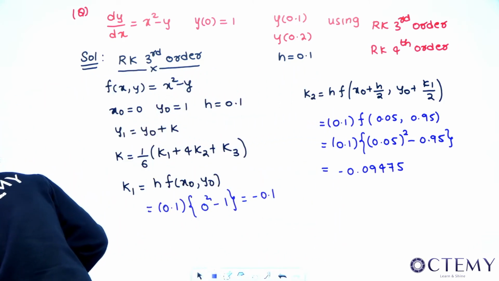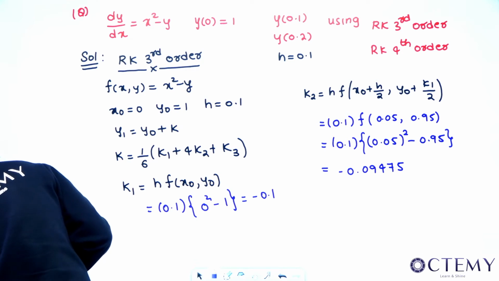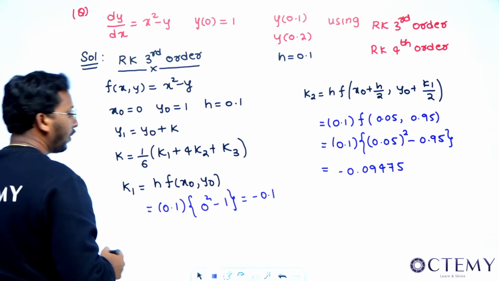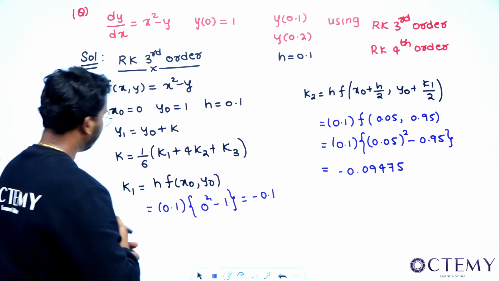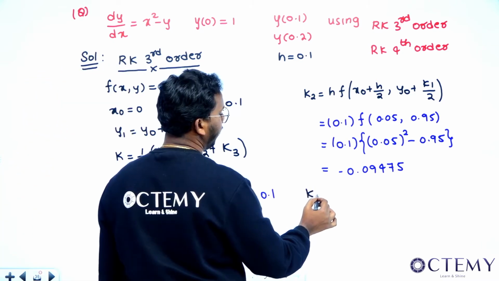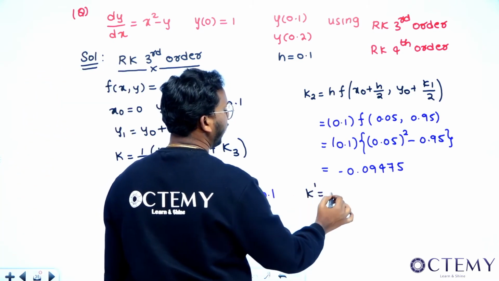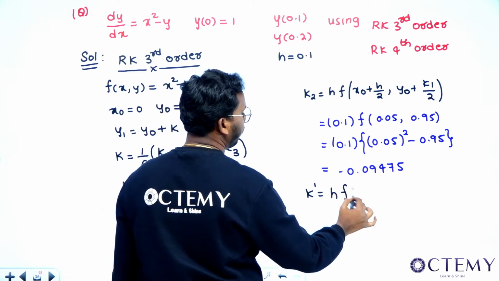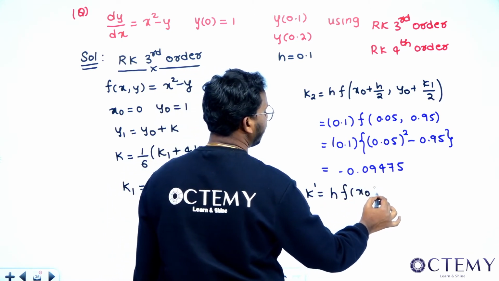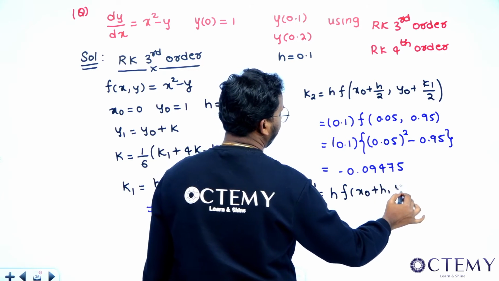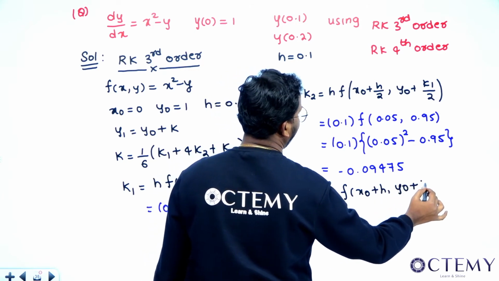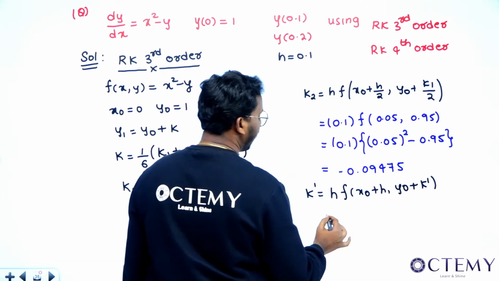Next, what will be your k3? I need to find k dash first. So k dash will be h f(x0 + h, y0 + k1).